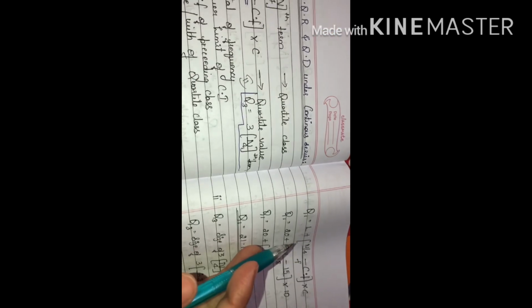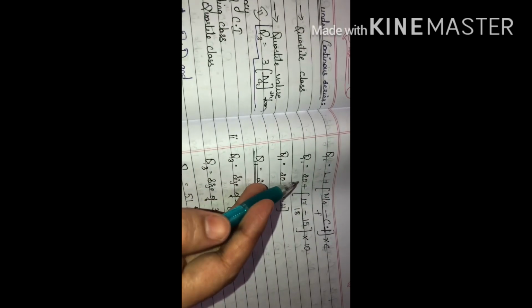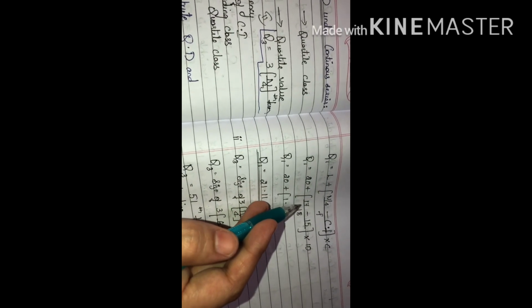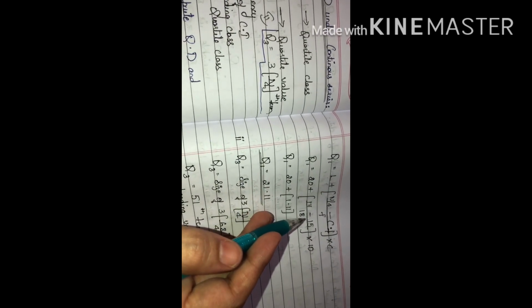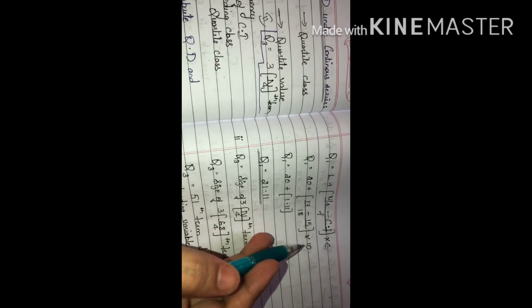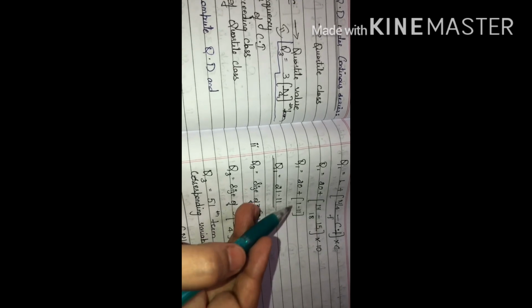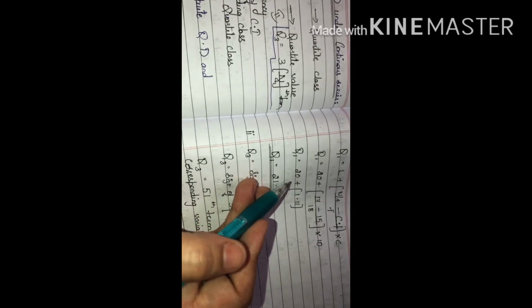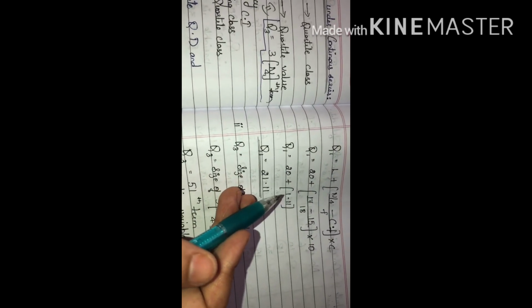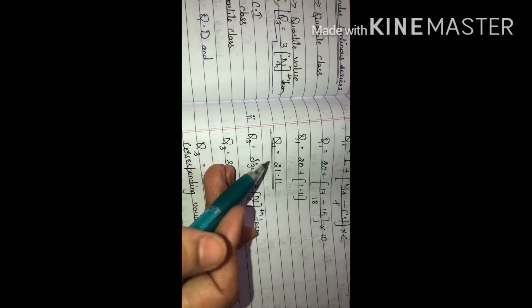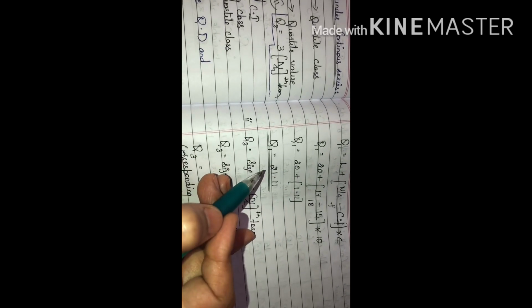So simplifying: lower limit 20 plus n by 4, which is 17, minus 15, divided by 18 into 10. I have marked all these in the question itself. So Q1 is 20 plus 1.11. If you add these two, you get Q1 is equal to 21.11.